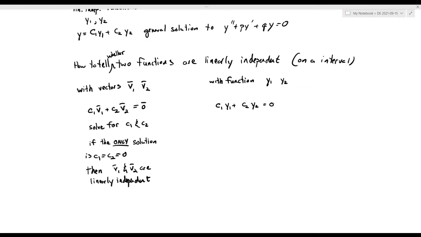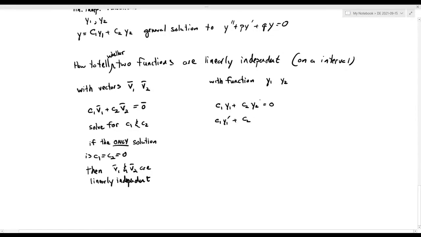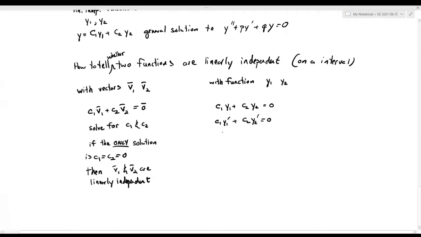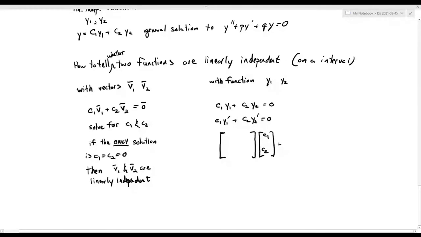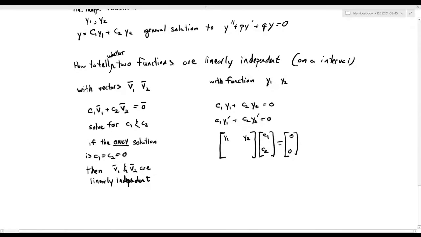y1 and y2 are differentiable functions. So let's just differentiate both sides here with respect to whatever the independent variable is. So you have constant times function, differentiate. Okay, right-hand side is 0. Okay. So now, notice that we can write this as a matrix equation, where the matrix consists of functions.